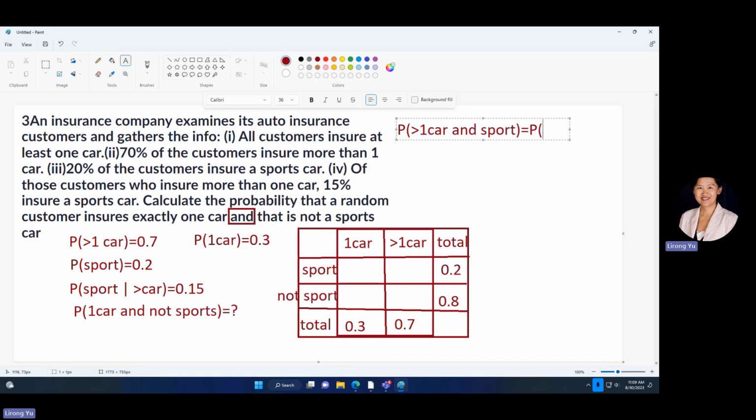The probability for more than 1 car, I know that is 0.7, multiplied by probability of sports car given more than 1 car. That we also know is 0.15. And so we also apply the same to the other.